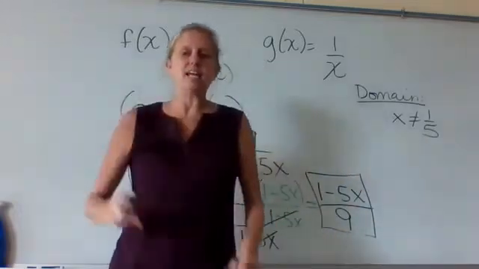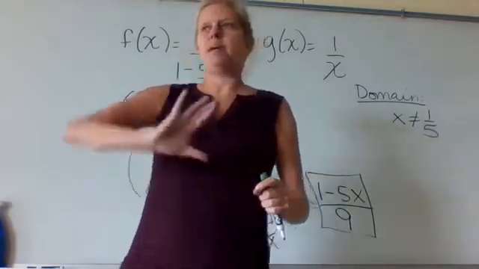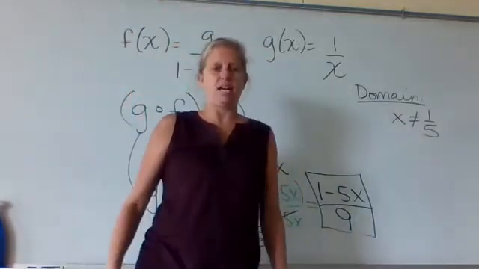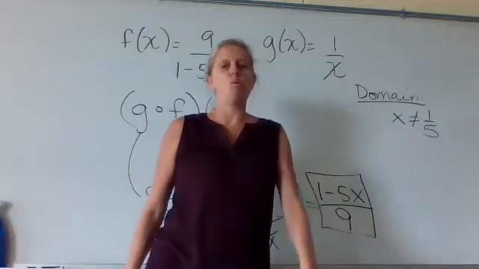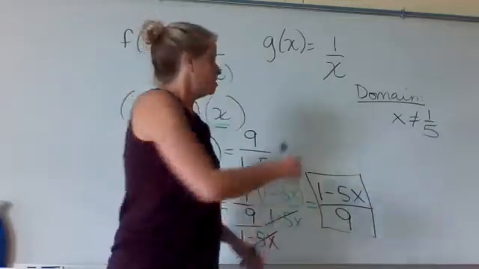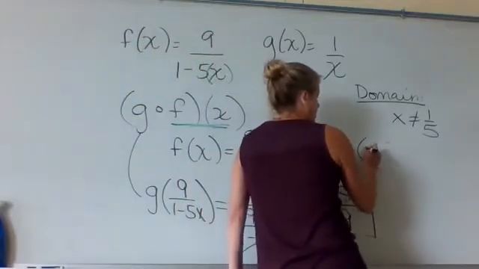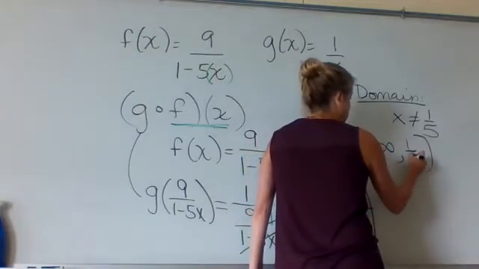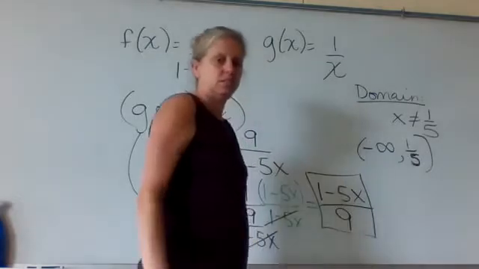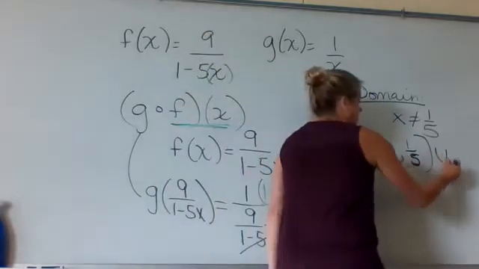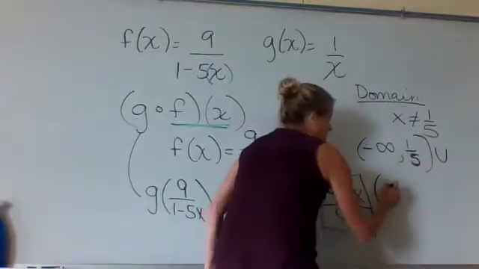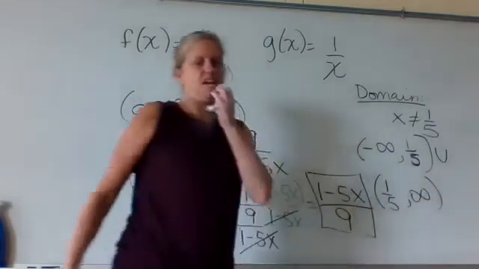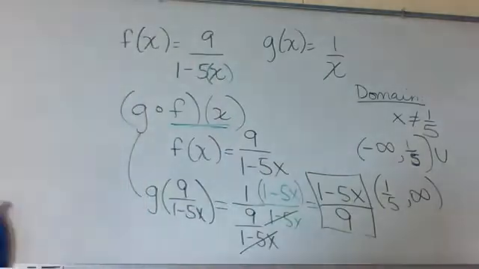In interval notation, that means everything from negative infinity to positive infinity except 1/5. So everything below 1/5 would be negative infinity to 1/5, and everything above 1/5 would be 1/5 to infinity for your domain.